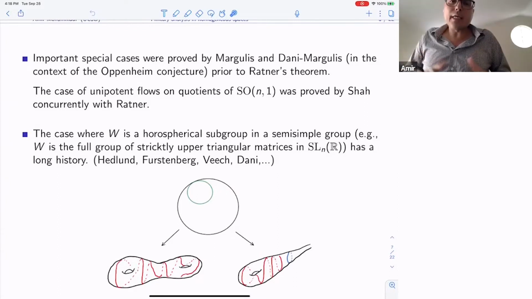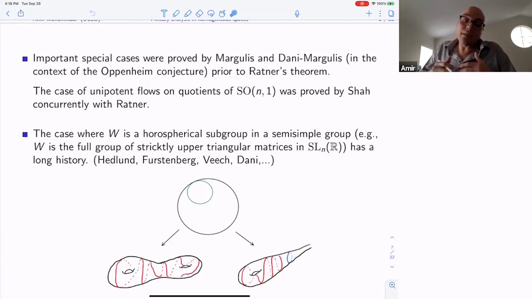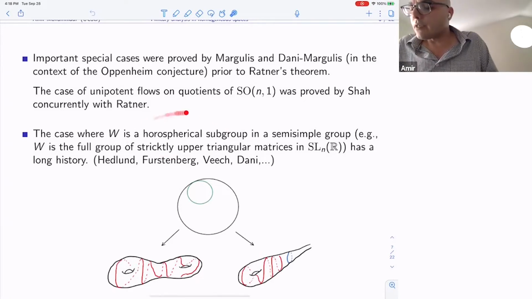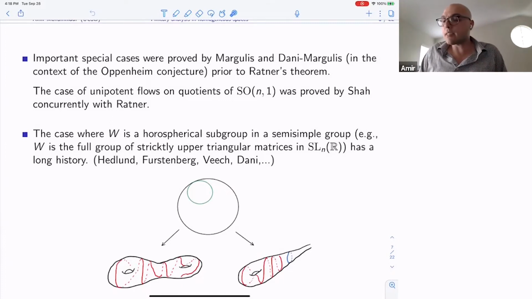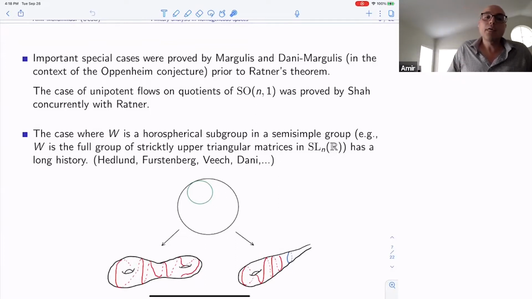a classical case of study is when your acting group W is big, and this is the notion of horospherical subgroup. I will return to this because this is again a case linked to representation theory and number theory. In these cases, the problem is easier, and they were studied already by Hedlund in the 30s.